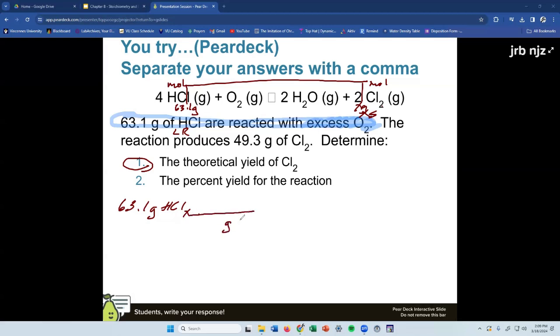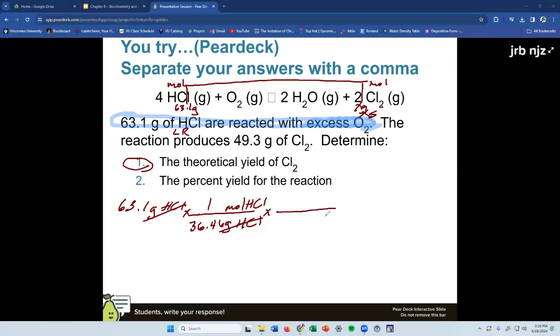So first step, I need to turn grams of HCl into moles. For that, I need the molar mass. Molar mass of hydrogen is 1.01. The molar mass of chlorine is 35.45. So total mass here, 36.46. My grams of HCl cancel out.